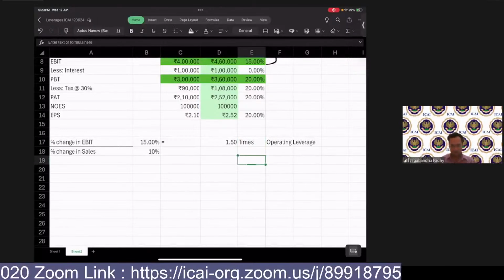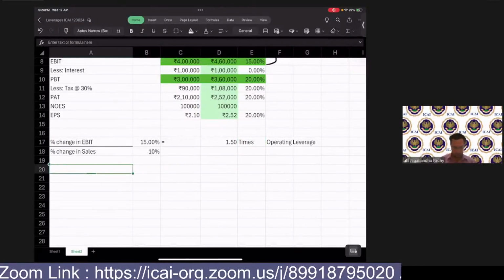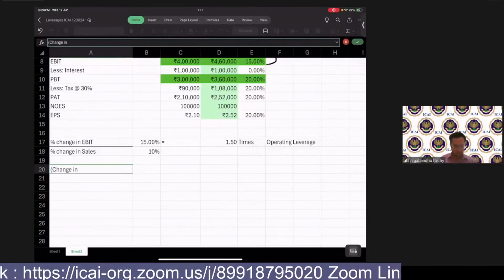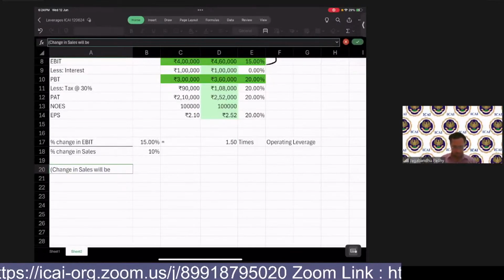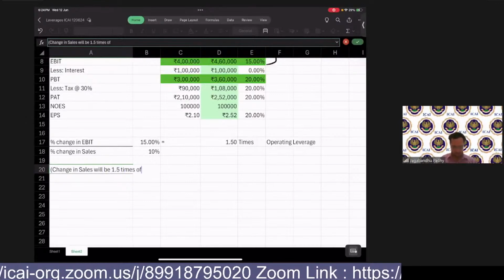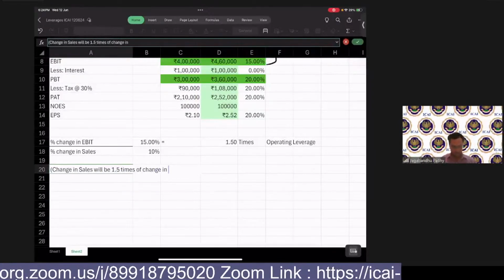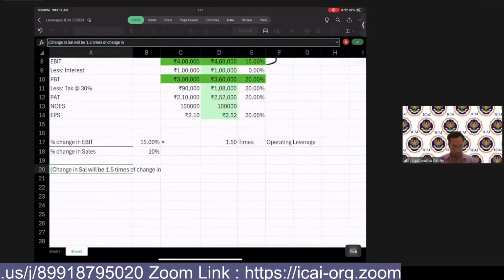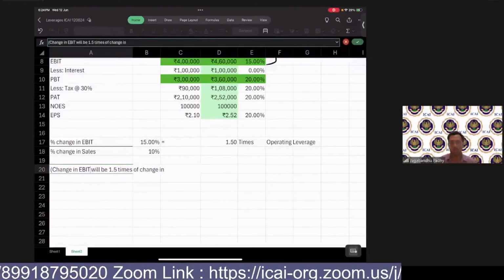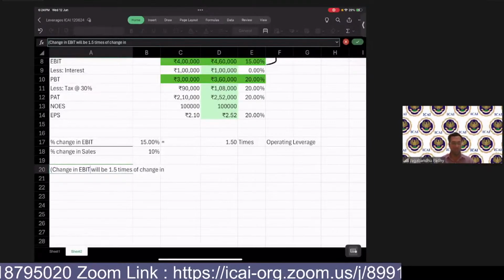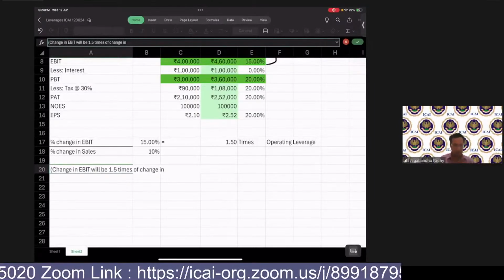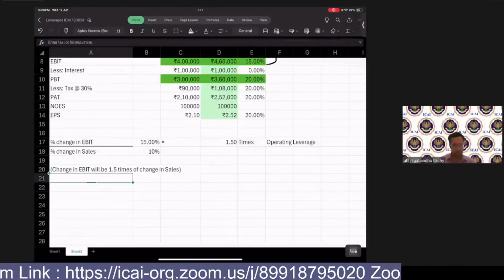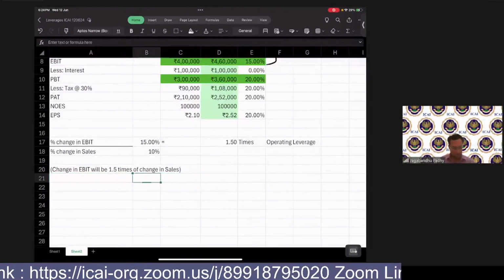Or you can analyze this as: change in EBIT, change in your earnings before interest and tax, or change in your operating profits, is going to be 1.5 times the change in sales.